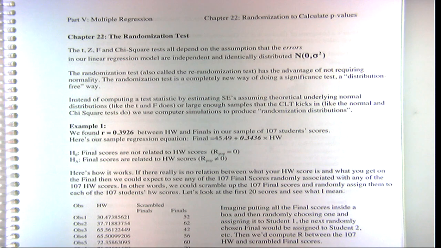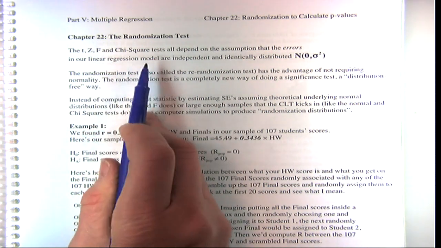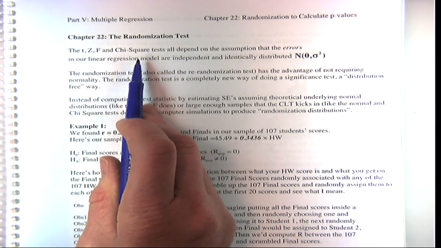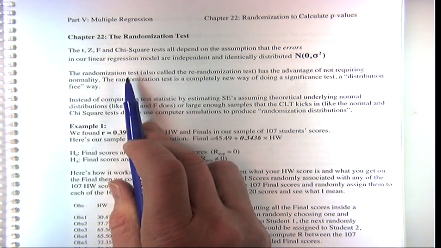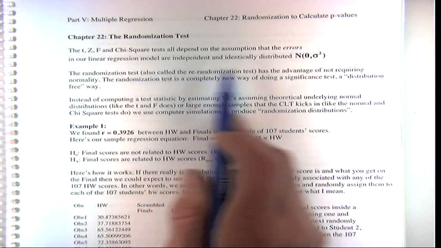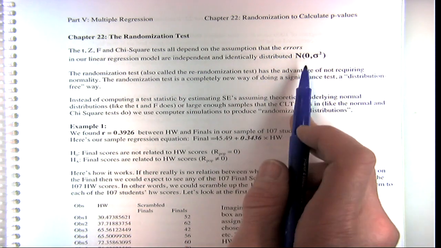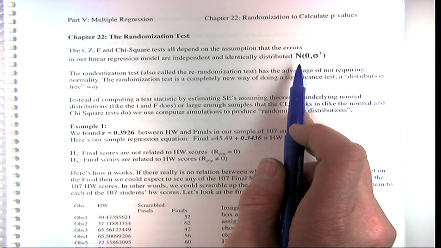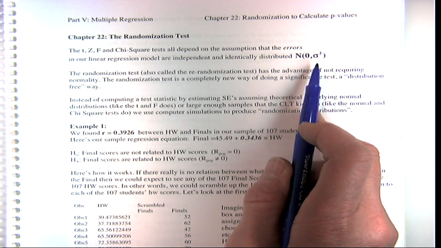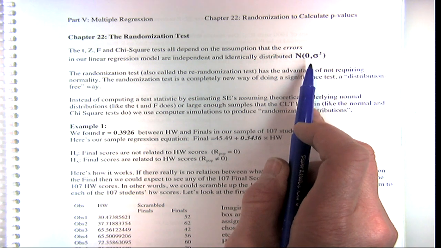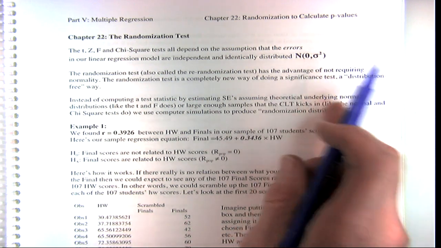All right. So the T, the Z, the F, and the chi-square tests, all those tests depended on the assumptions that the errors in our linear regression model are independent, identically distributed with normal distribution, mean 0, and they have the same variability, sigma squared, across all the x's.